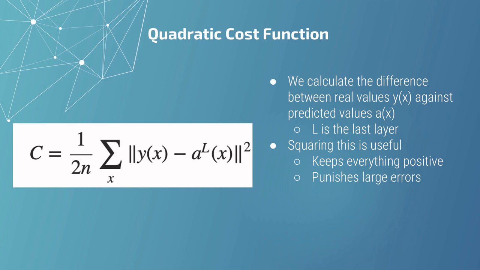The L that you see in the equation is simply denoting the last layer. And finally, we square all of this because it keeps everything positive and it punishes large errors since they get bigger when you square them. So all of this is representing the difference between the predicted value and the actual value.